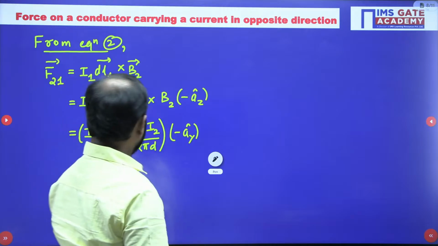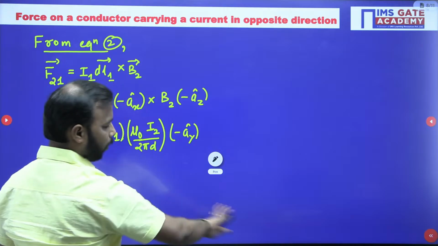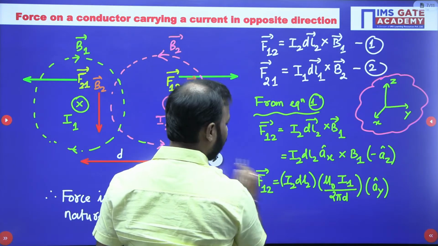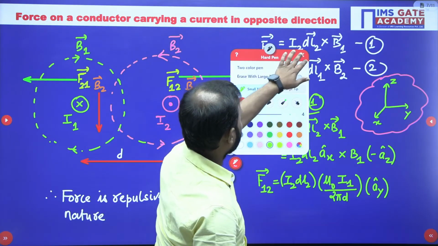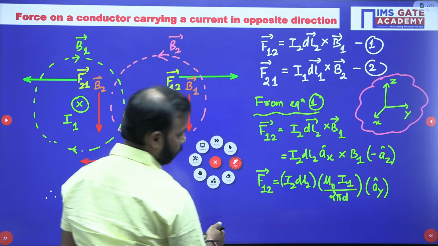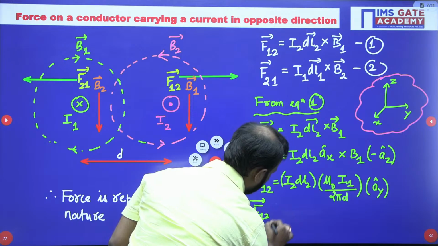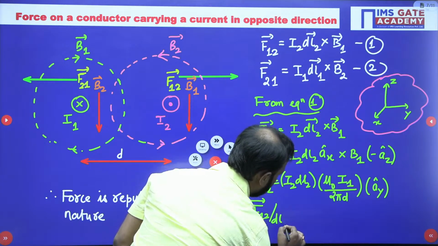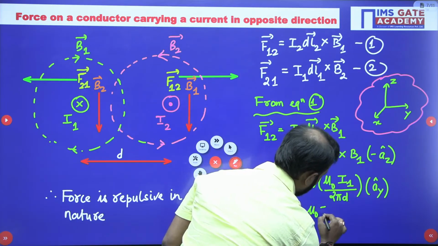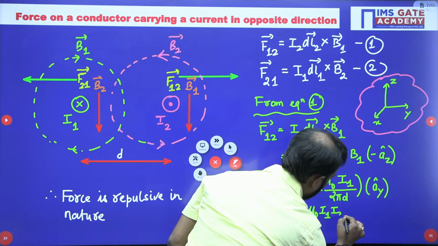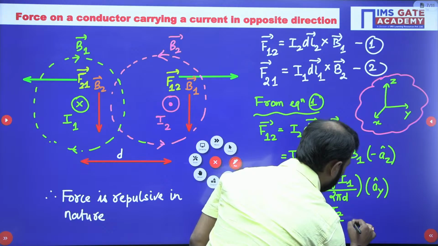Okay. Here, let us first find the force per unit length. Let us find out F1 and simplify. F12 per del L2 is equal to mu naught I1 I2 upon 2 pi d into AY cap.